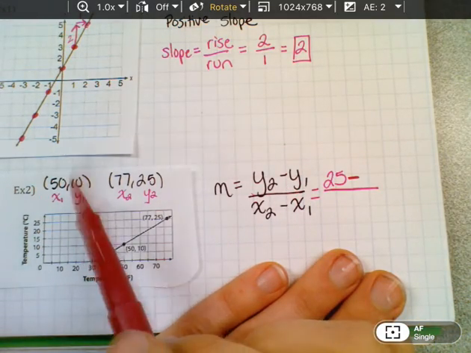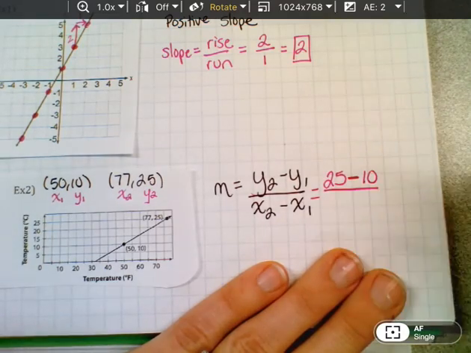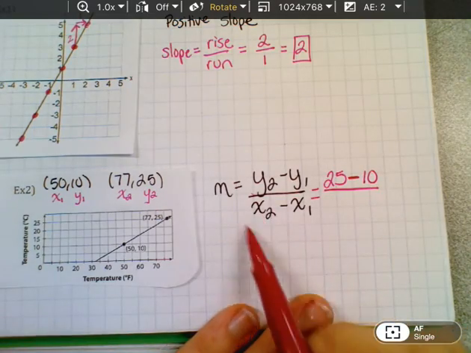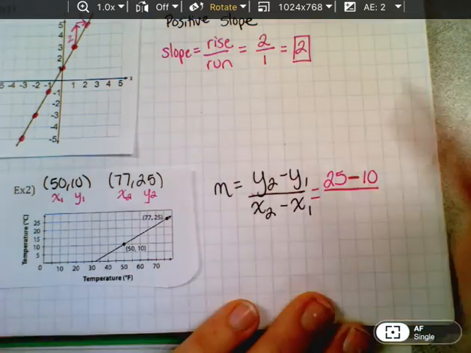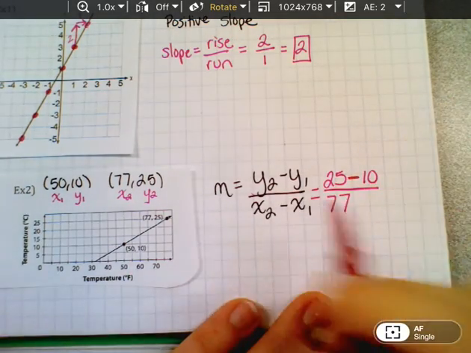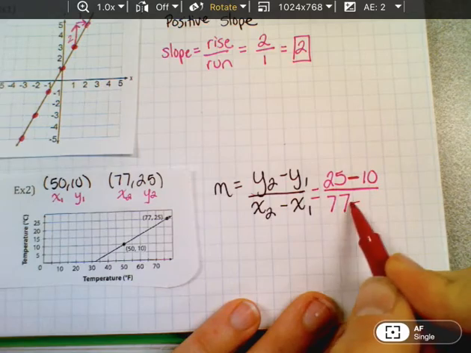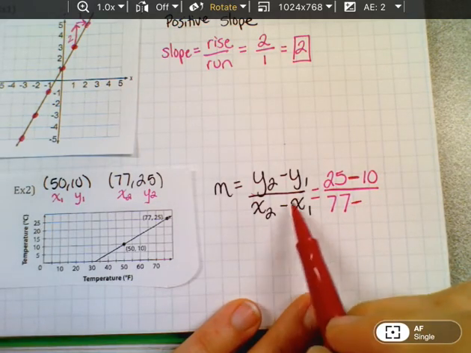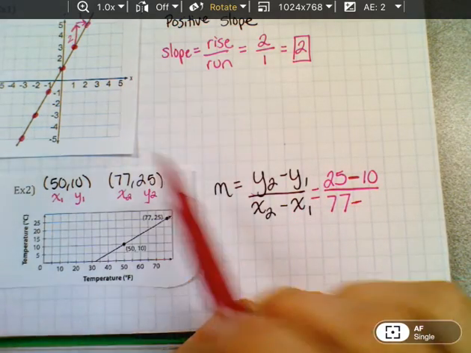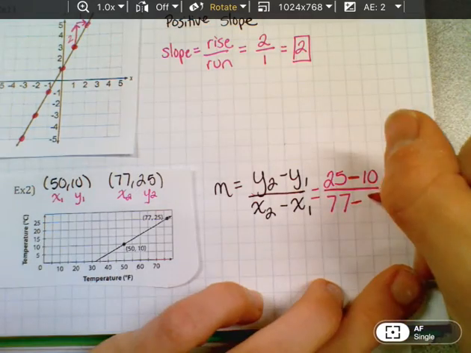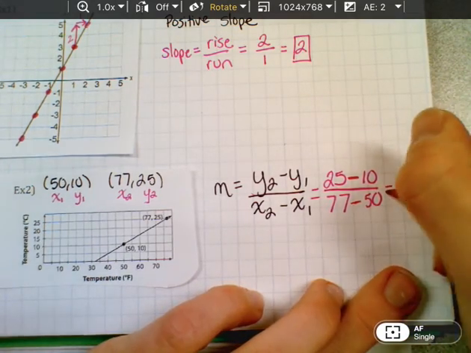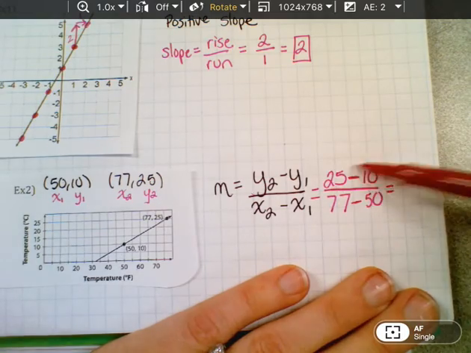So here's y1. The y for my first point is 10. Come to the bottom. x2 goes next. x2 is 77. The minus is part of the formula. You have to write it down. And then the last thing I write is x1. So I come over here to x1. That's a 50.